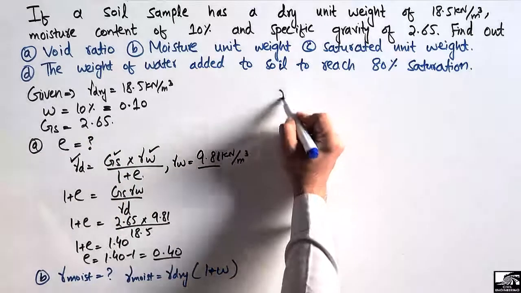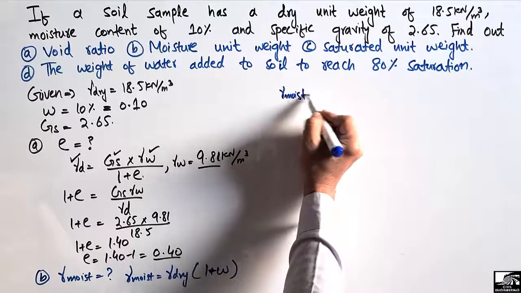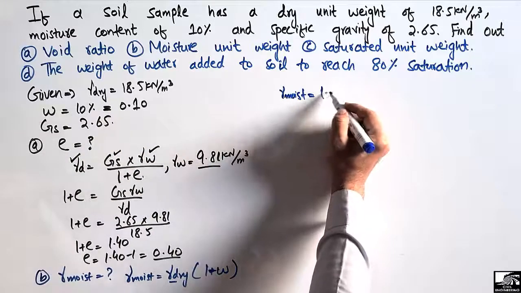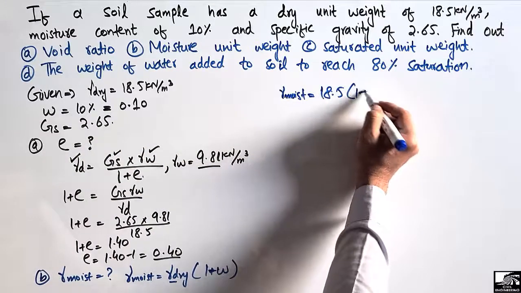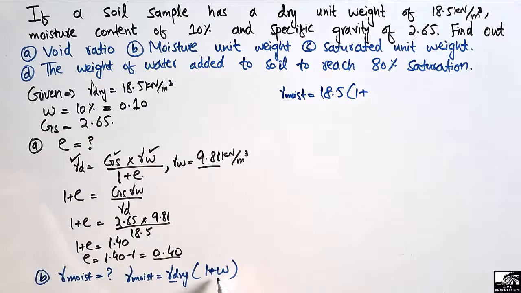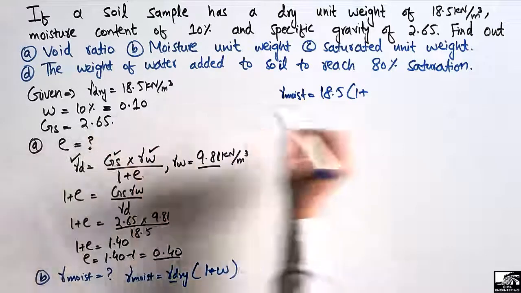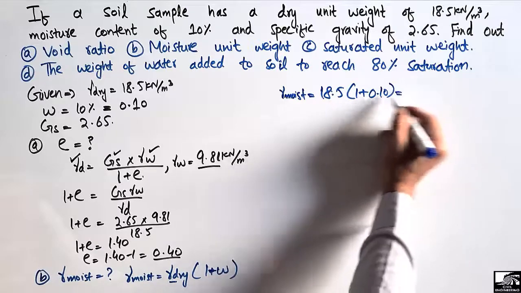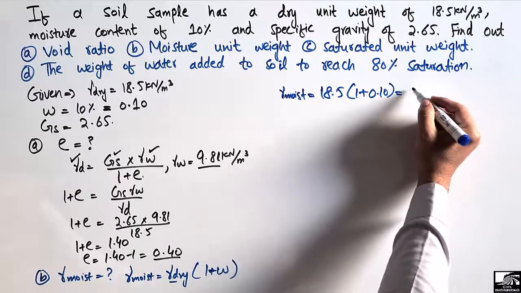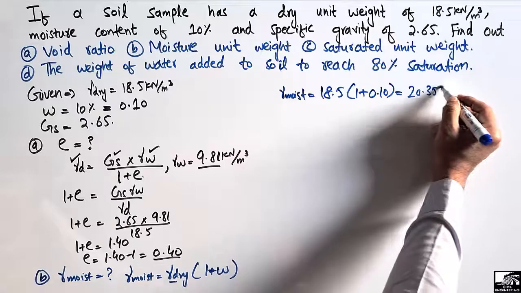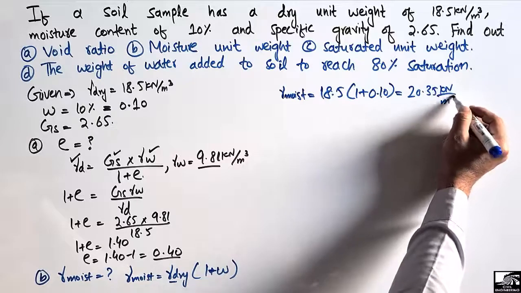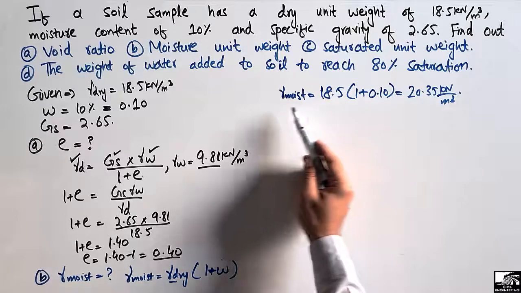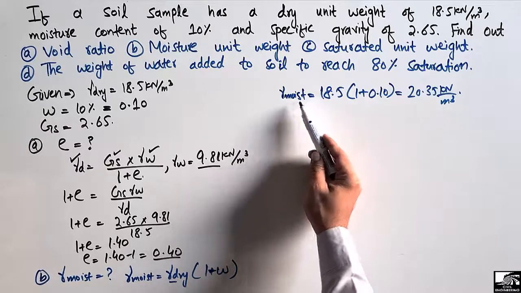So gamma moisture will be equal to gamma dry, 18.5, into 1 plus water content, and the water content w is 0.10. Now by solving this, I got the value of 20.35 kilonewton per cubic meter. This was the way to find out the gamma moisture, or the moisture unit weight.